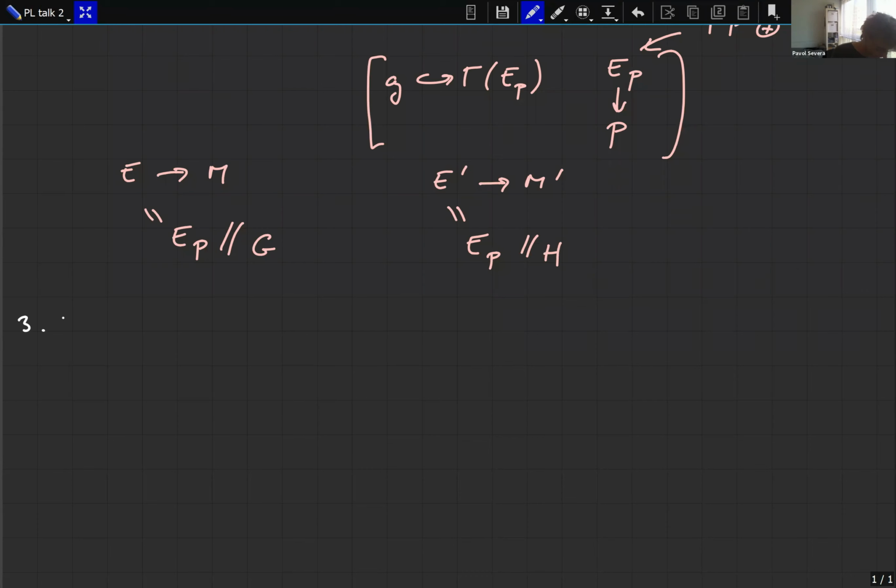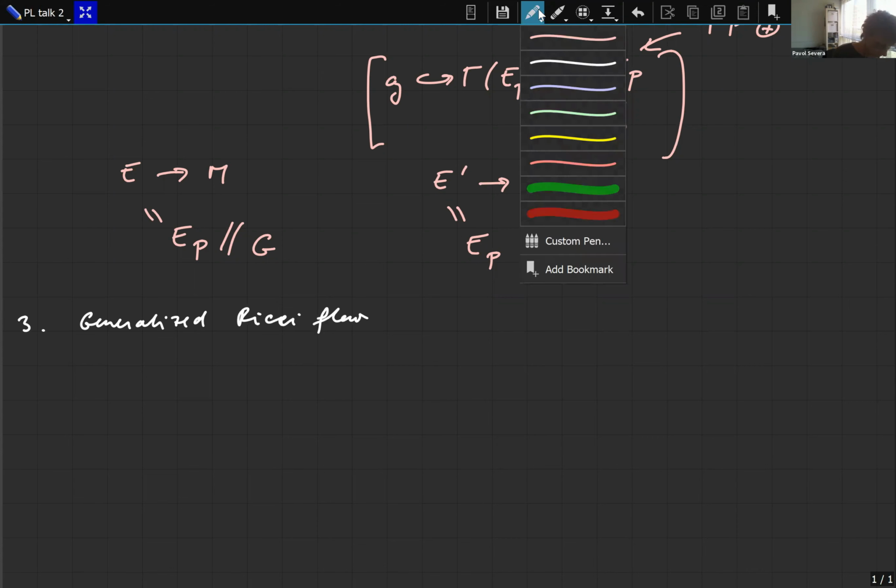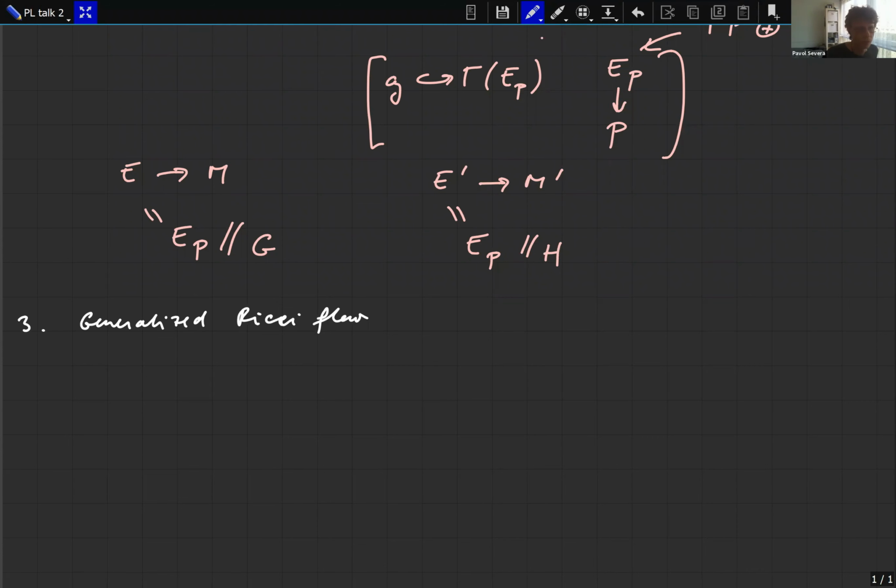So this is part 3, generalized Ricci flow. The motivation, or the question one asks, is: is this Poisson-Lie T-duality compatible with the renormalization group flow, with the Ricci flow?